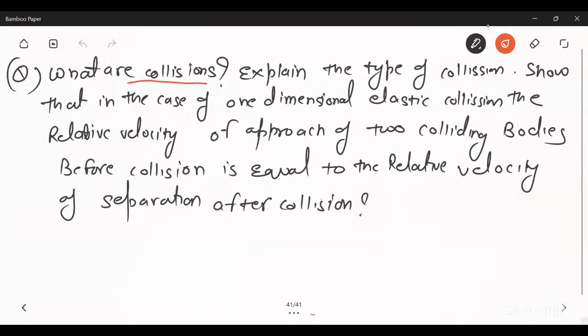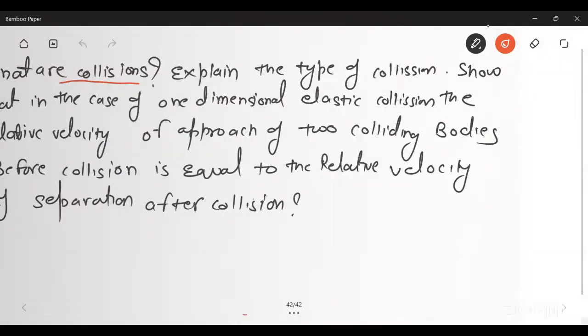Come to the last part, which says that in the case of one dimensional elastic collision, the relative velocity of approach of two colliding bodies before collision is equal to the relative velocity of separation after the collision. I have to prove that. So take an elastic collision in one dimension.